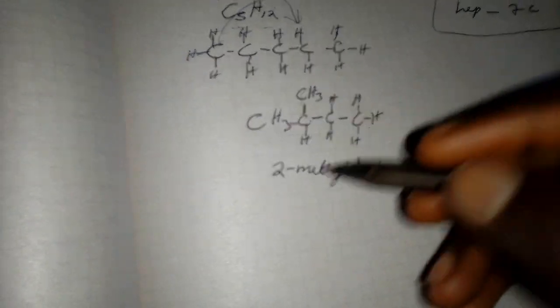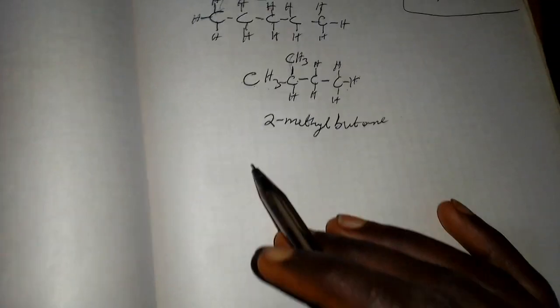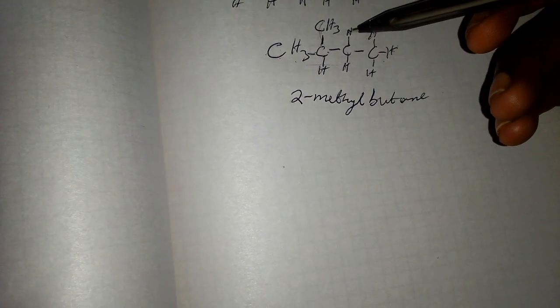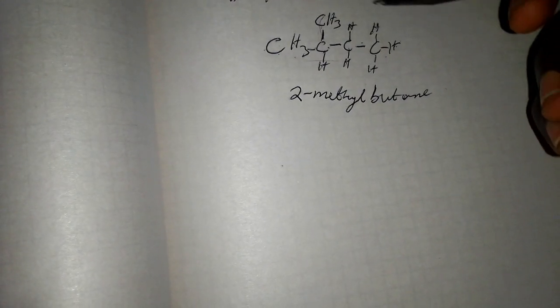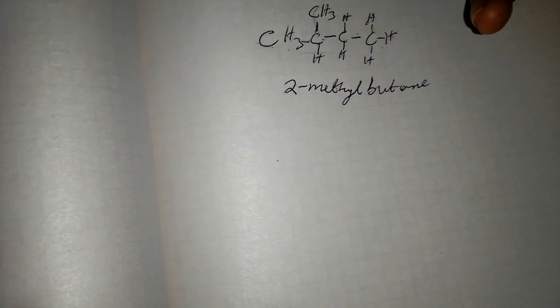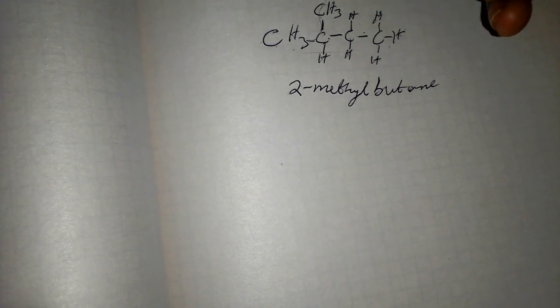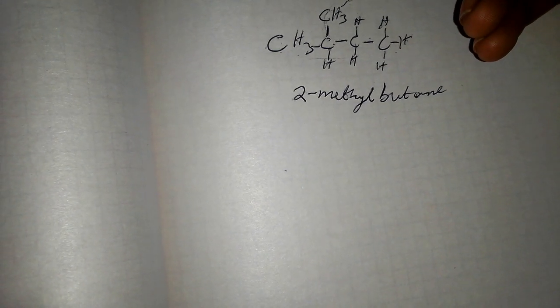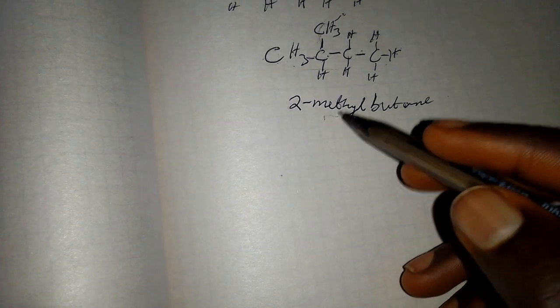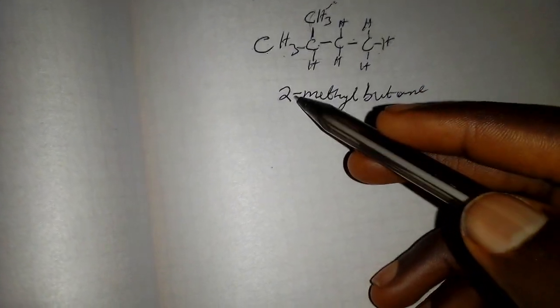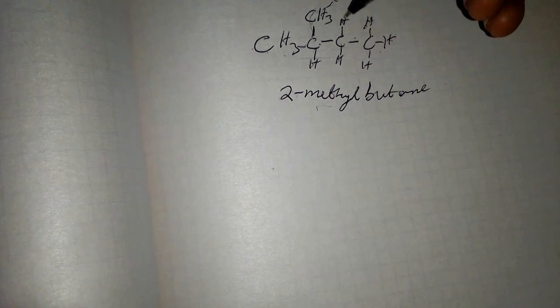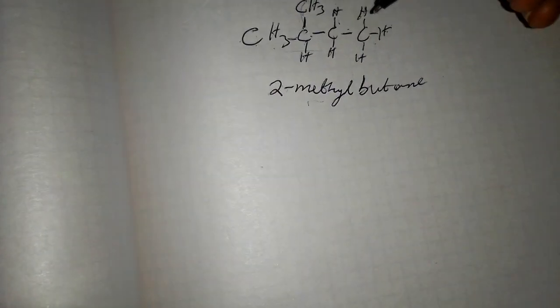Now from there we'll see how to get the other isomer of pentane. Notice that this is a methyl group, which is why we have the 2. The methyl group is found on carbon number 2. So if we shift this methyl group here, we still have the same compound.